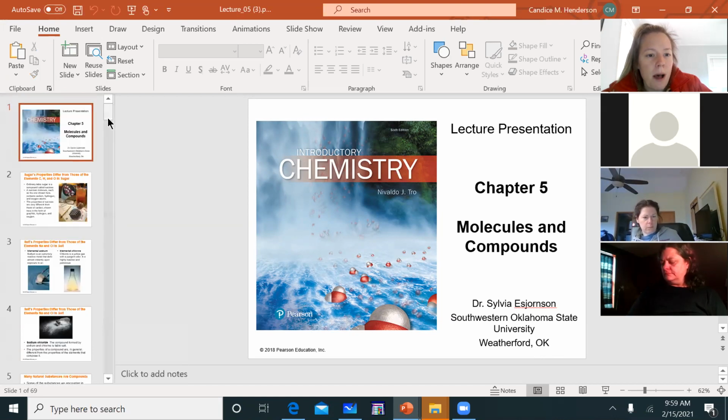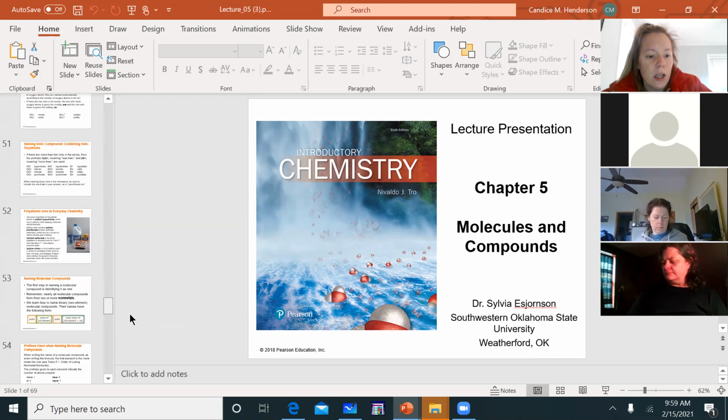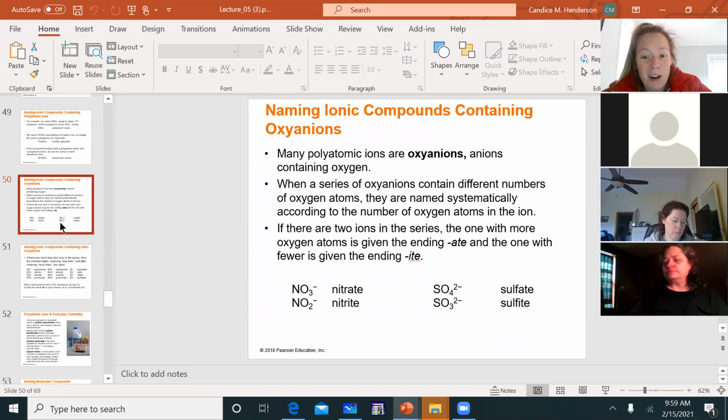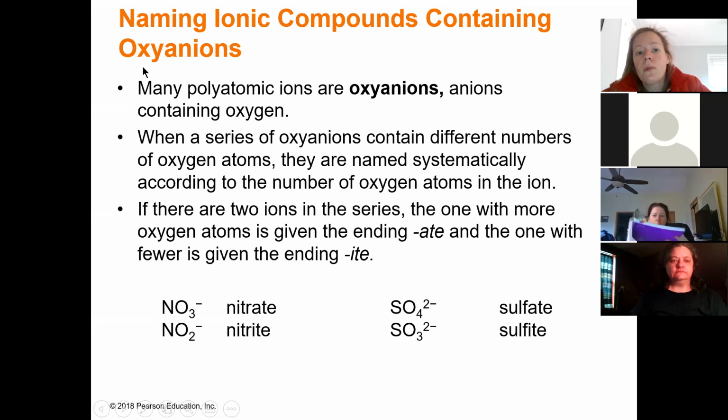Oh, one thing to note about polyatomic ions, this isn't huge for you guys because you don't have to memorize the polyatomic ions, but one thing to help you. If your compound has what's called an oxyanion, which is a polyatomic ion with oxygen in it, they come in a series.